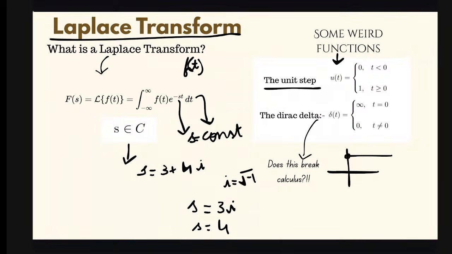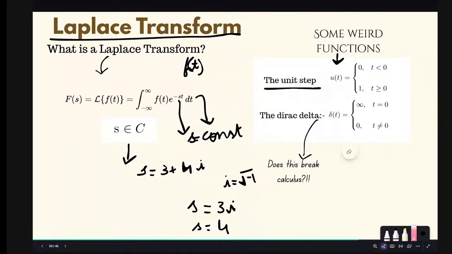And the second function is the most interesting function in my opinion, which is the Dirac delta. So what is Dirac delta? Dirac delta essentially is not even a real function, if I have to say. At t equal to 0, the Dirac delta function is equal to infinity.